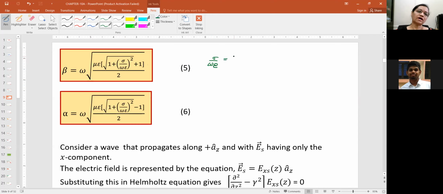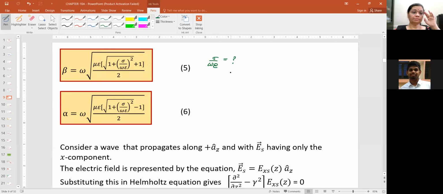Speed of light, no. Now, the ratio of displacement current density and conduction current density, do you remember? Not able to remember? You had seen this equation in the previous chapter. This was the ratio of the displacement current density and the conduction current density, sigma by omega epsilon. So using this, you have to remember.